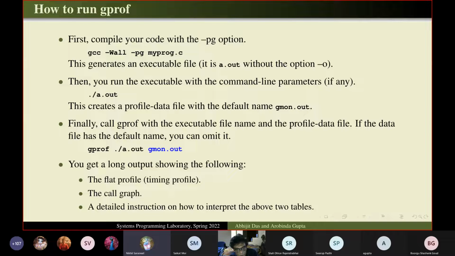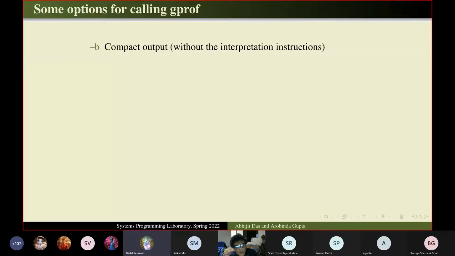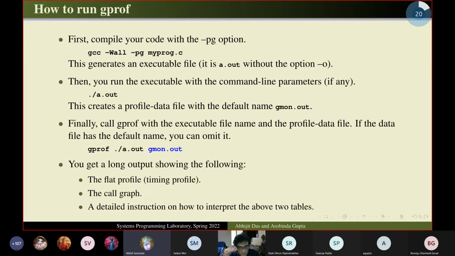Okay. So before looking at this flat profile and call graph, let me give you just some additional options. If you do not want these detailed instructions, you run it once, twice, you will see the same instructions are coming.